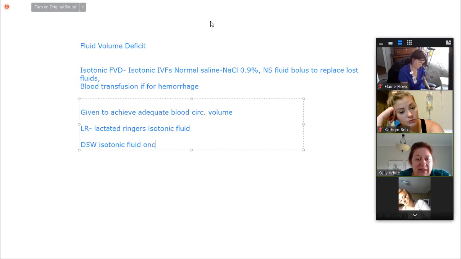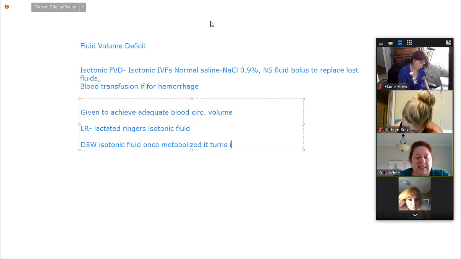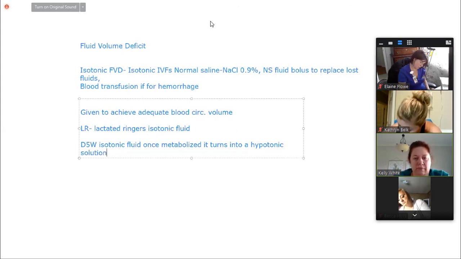Once it is metabolized, within minutes, it turns into a hypotonic solution. And we'll talk about hypotonic solutions here in just a sec. So you're going to see D5W listed as isotonic on your charts, but we're not going to give that because we're going to treat it like it's a hypotonic solution, because as soon as it's metabolized, that's what it's going to be. Okay.